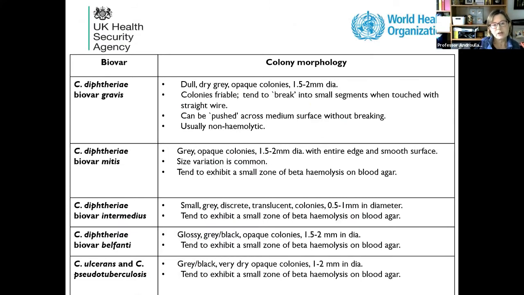Classic biotypes have so-called classic colony morphologies. I think it's quite difficult actually to subdivide them into biovars based on their colony morphology. Mitis, however, tend to be slightly hemolytic, whereas gravis are non-hemolytic.